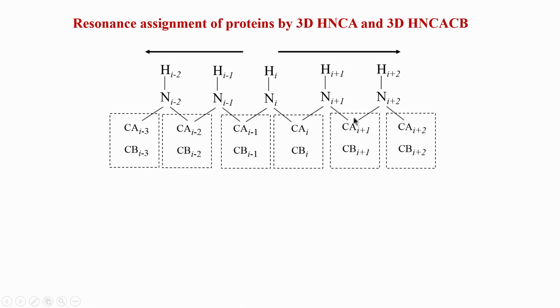These neighbors share a common correlation to these chemical shifts. Similarly, if I go to the I minus 1 side, I will be sharing these two, C alpha I minus 1 and C beta I minus 1, and similarly between I minus 1 and I minus 2, they will be sharing this chemical shift in common, that is C alpha I minus 2 and C beta I minus 2.